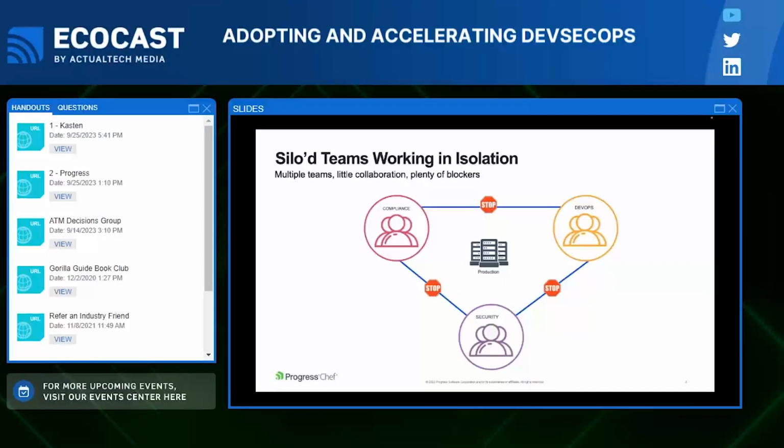So when you look at these teams, so development teams, operation teams, security teams, compliance teams, historically, they've always worked in their own silos. So they've had their own tools, techniques, processes, and they've gotten really good at honing in on those and running through them.